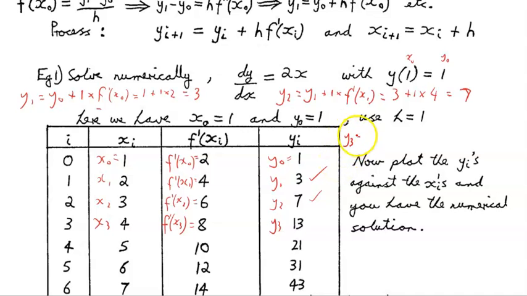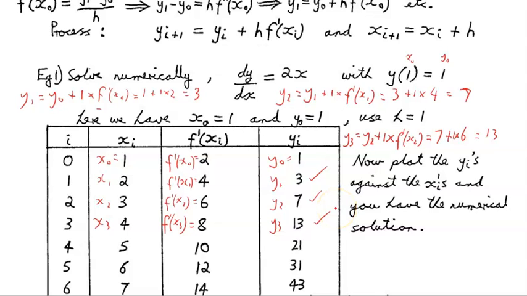So y3 will be y2 plus 1, the step height is 1, times f dash of x2. So y2 is 7 plus f dash of x2. f dash of x2 is 6. Okay, so 1 times 6 for the step height. And that's going to give us 13. Okay, and that's what we've got.